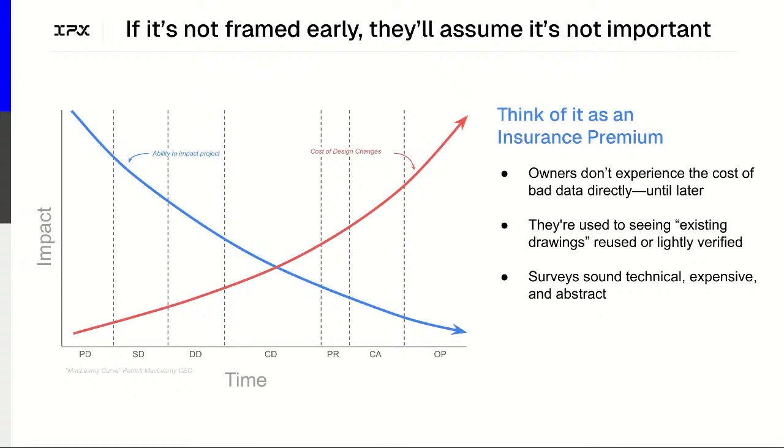And we get called in, quite often actually, when there's a dire situation, where we should be educating our clients and our owners and owners reps to budget for this at the very beginning of the project as an insurance premium.